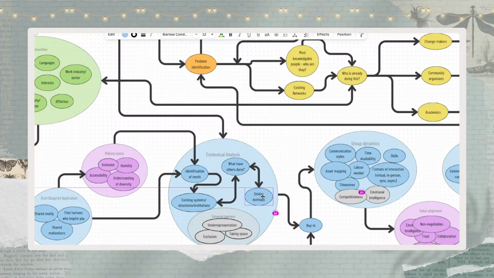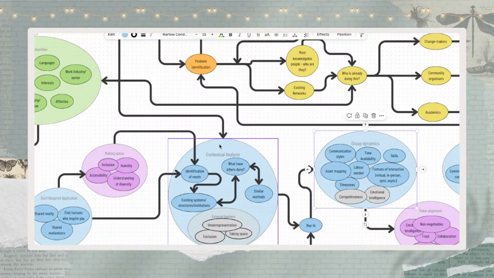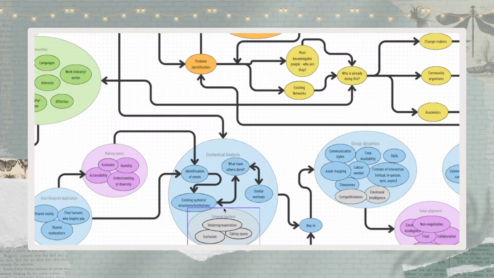Precisely. And let's think about how we're connecting these external barriers. Because for group dynamics, for example, we just did a connection to the bigger bubble, but for contextual analysis, we have connections within. I think that's because we initially didn't have this overarching contextual analysis bubble. But how do we want to connect the existing systems and structures and institutions to the external barriers?